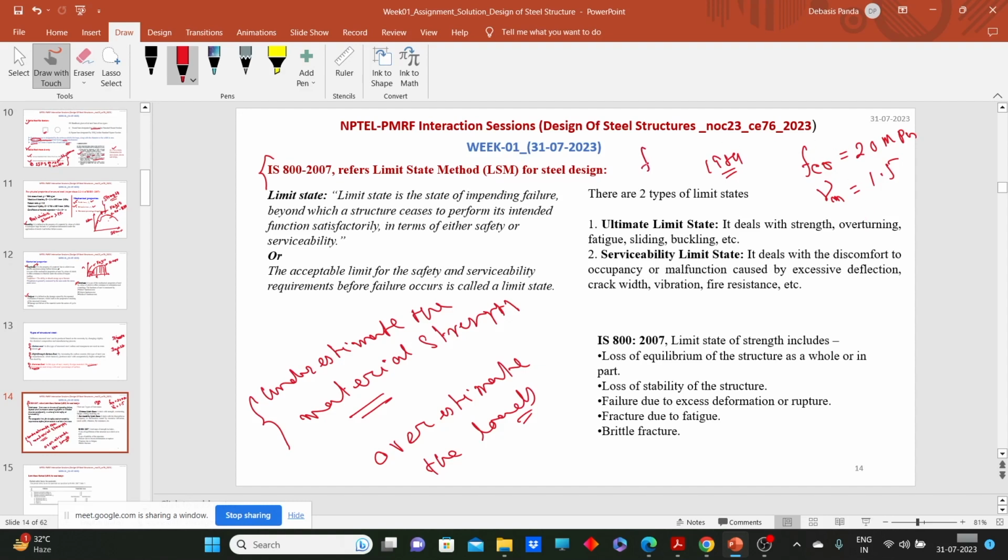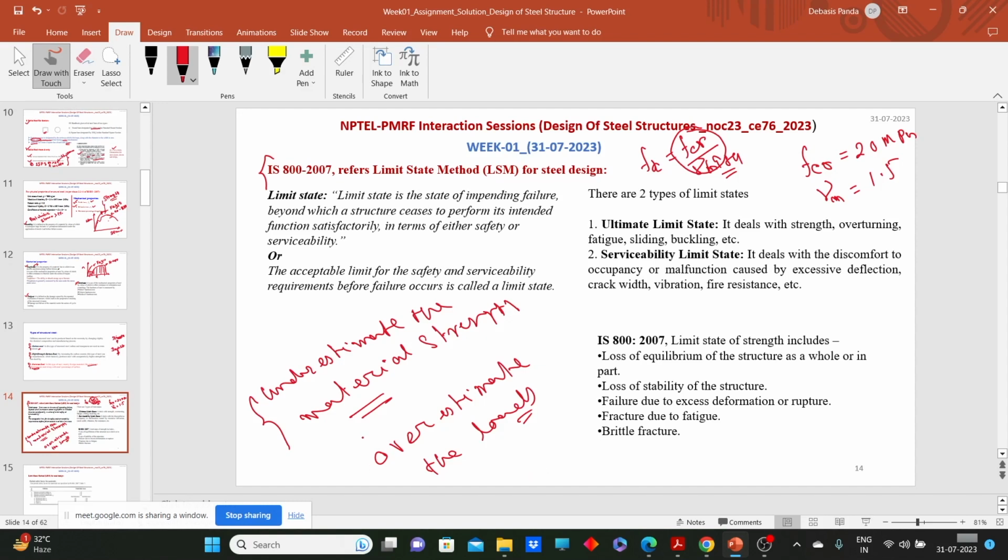The design strength will be Fd equals Fck, the characteristic strength or the ultimate strength, divided by gamma m. That means by introducing that factor of safety, we are underestimating the material strength. Even if some material can withstand a higher amount of load, we are still assuming it can withstand only that amount of load.